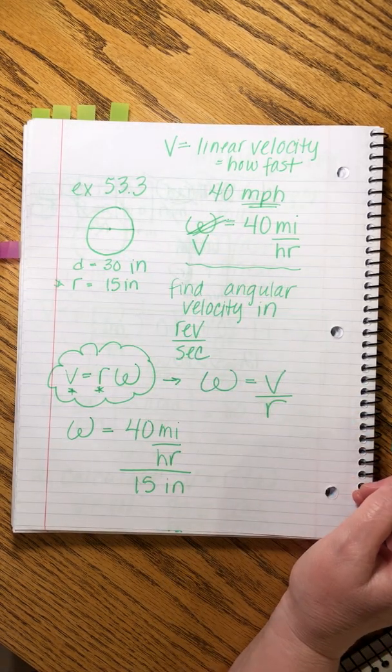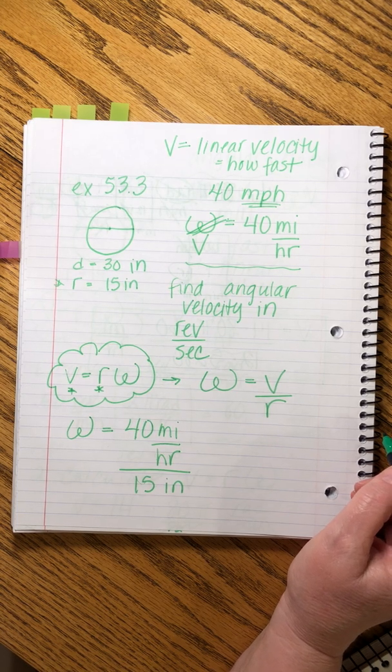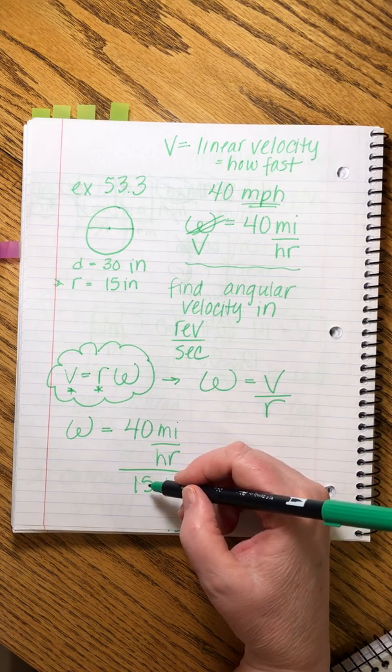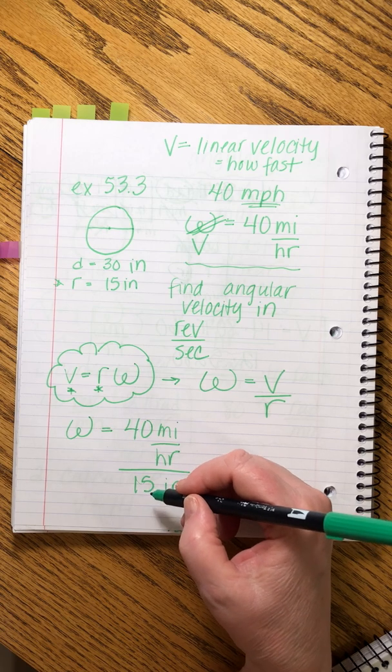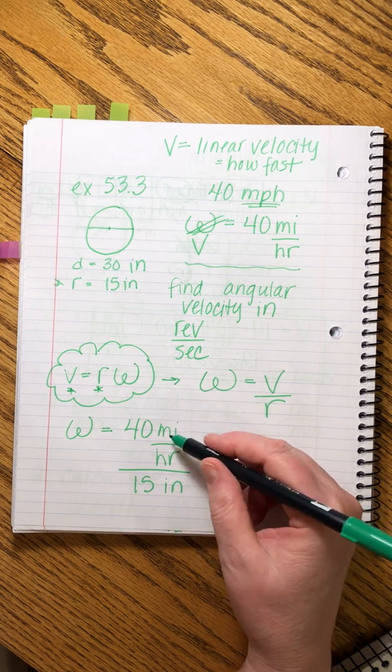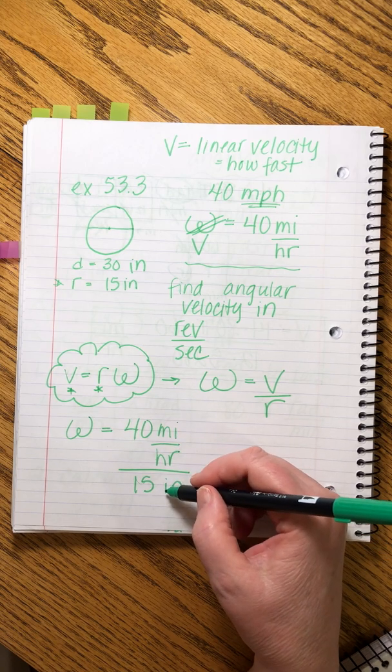Okay. Now the length measurements have to match. So what we're going to do here, we're going to convert the inches to miles or the miles to inches. We can do it either way. Let's convert the miles to inches.